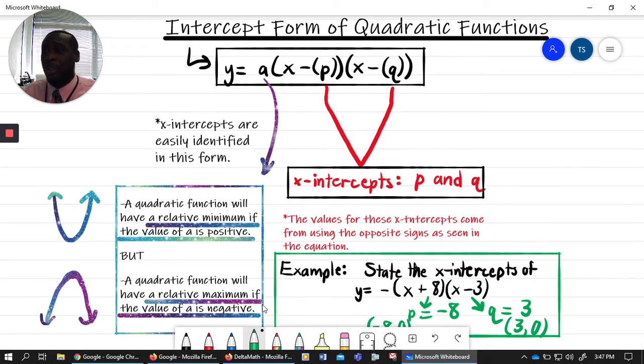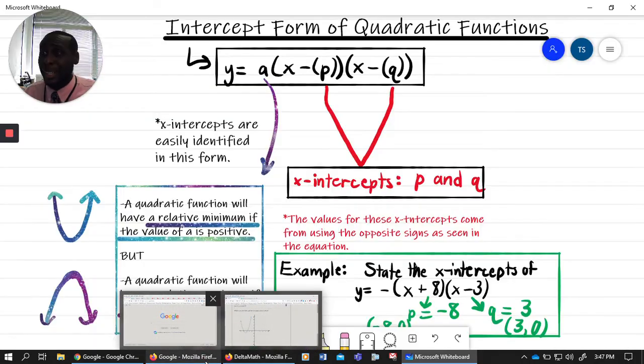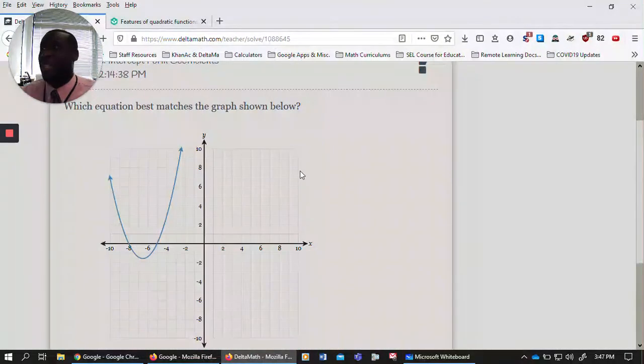For my students enrolled in my class, you've got a Delta Math assignment that asks you to determine which equation matches the graph shown below.